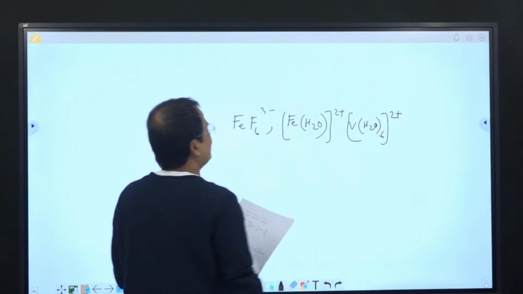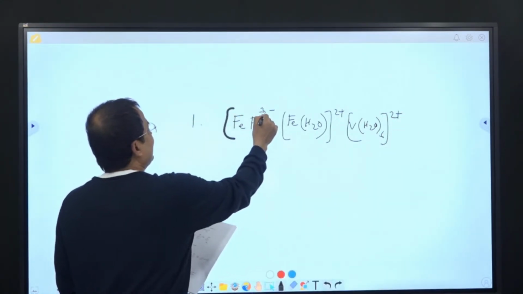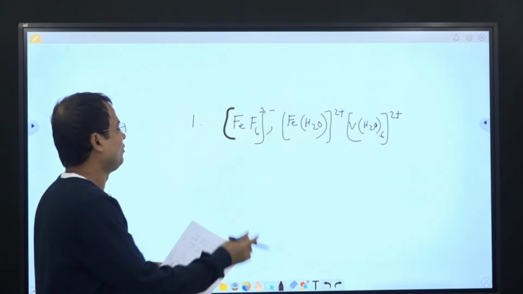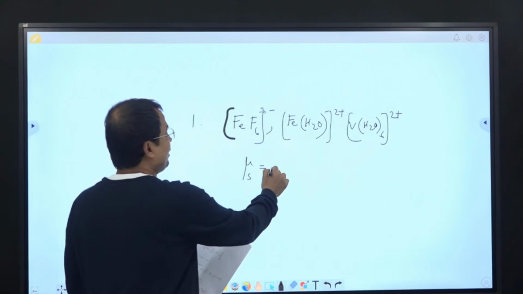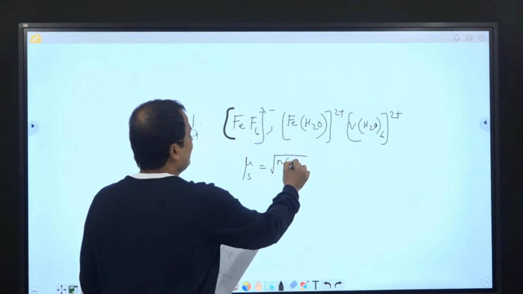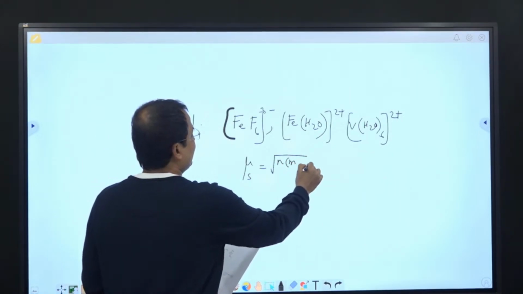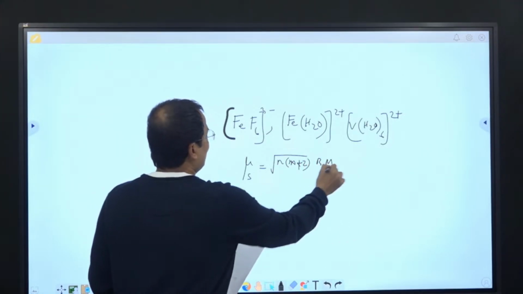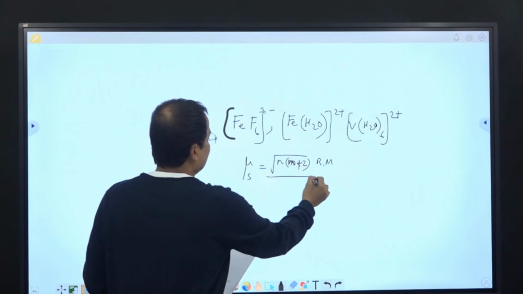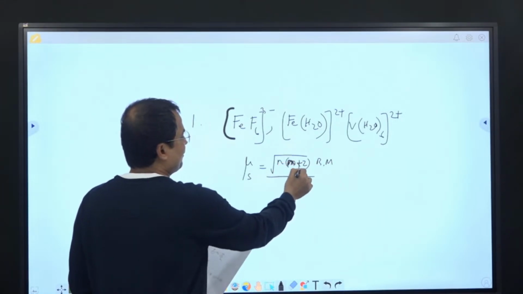I think this question can be solved by all students, because we know the formula for spin-only magnetic moment is the square root of n(n+2) Bohr magnetons, where n is the number of unpaired electrons.